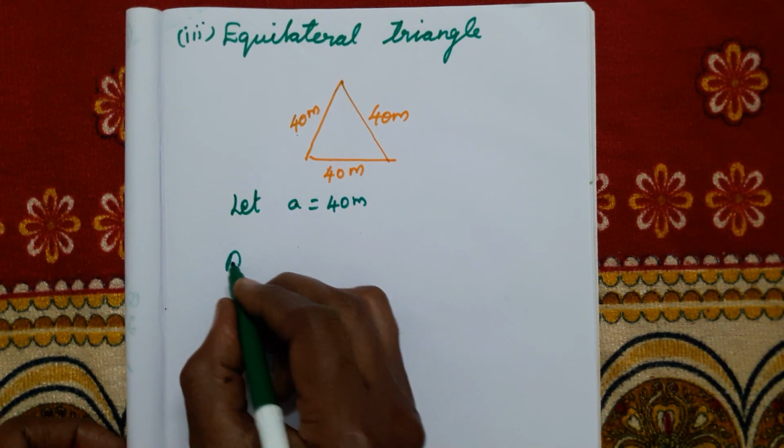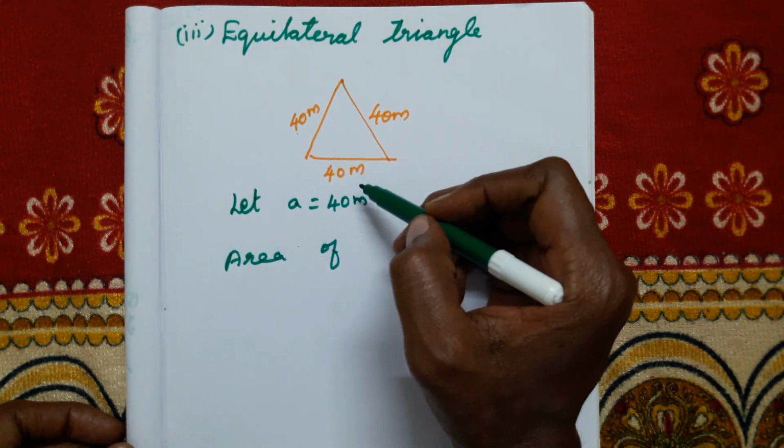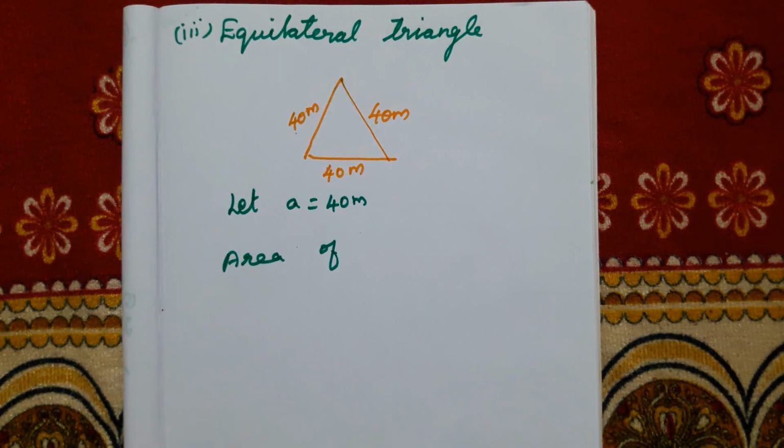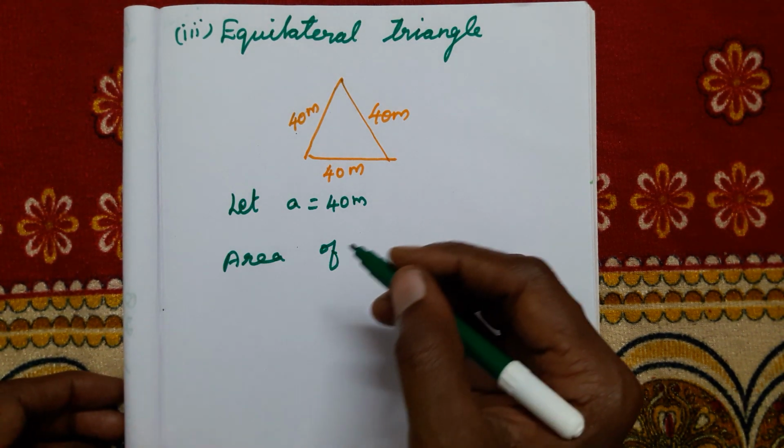So area of equilateral triangle, what's the formula? Here also you can use Heron's formula. a is equal to 40, b is equal to 40, c is equal to 40, like that take it, and you can use Heron's formula also.